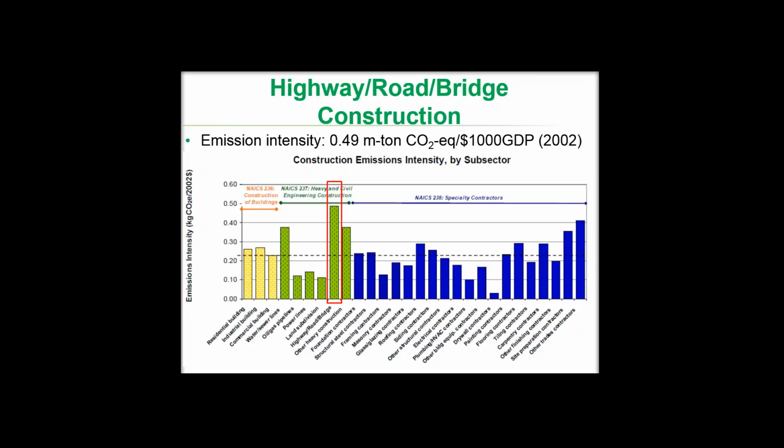If you look at all this, we can find that the one related to highways, roads, and bridges has the highest emission intensity. And the one for the drywall contractors, you can see that it has the lowest emission intensity.